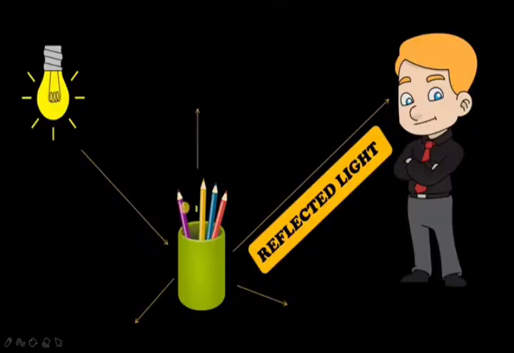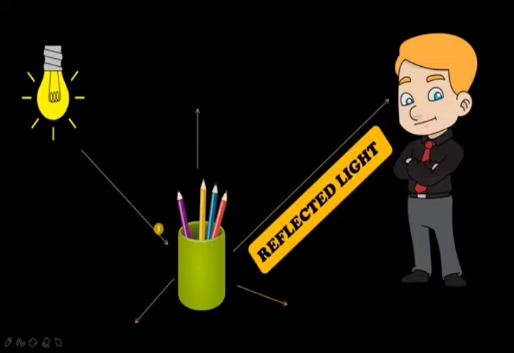Look here. If the light falls on this pencil box, once it falls, it is reflected in different directions. It should reflect to your eyes. Then only the things are visible.